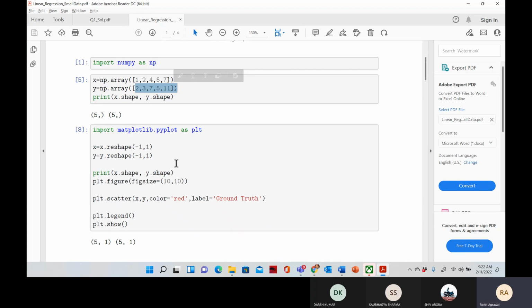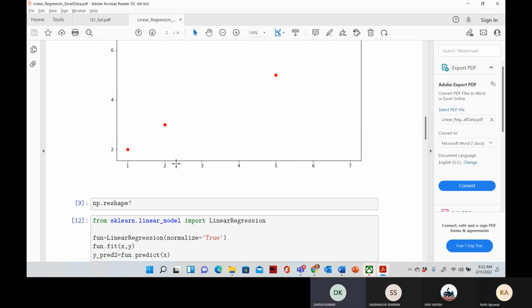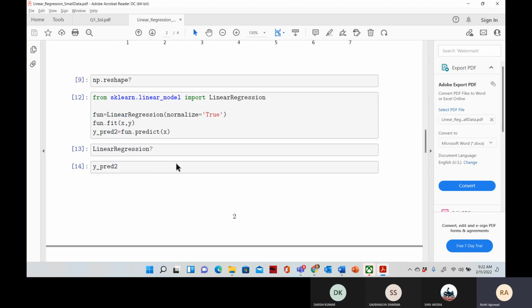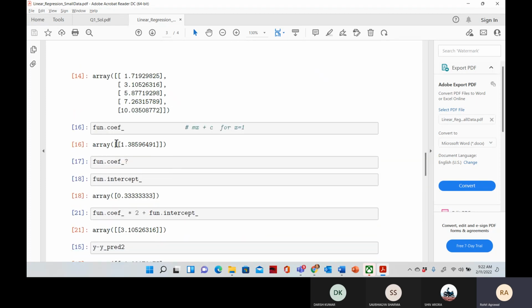So do you remember from the lab example? Yes. Yeah, so the same thing we did using the Python library, but this time we were using our own calculation. Okay, that means the M and C. And if you remember, we also calculated the M here and the C here as well.